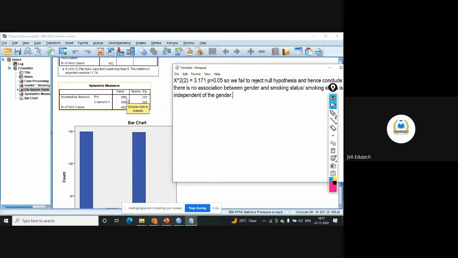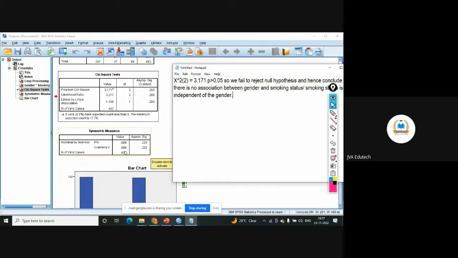If one variable has a different number of categories than the other, like in our case, 2 by 3, where gender was divided into two categories whereas smoking status was divided into three, then to determine the strength of the relationship, rather than phi, we should look at Cramer's V. Even Cramer's V suggests that the association is very weak and non-significant.